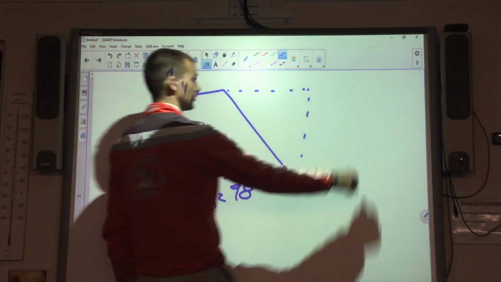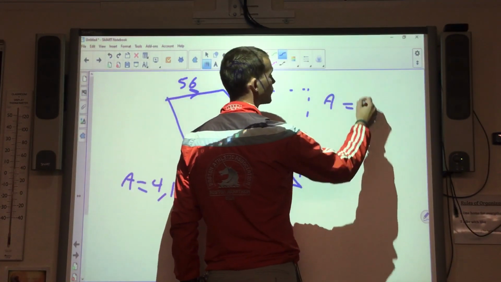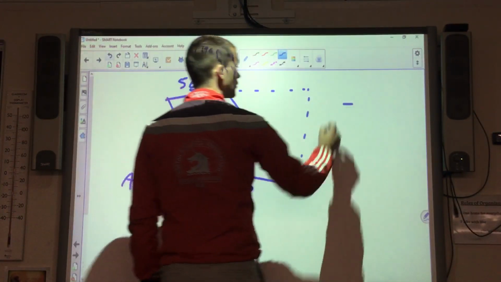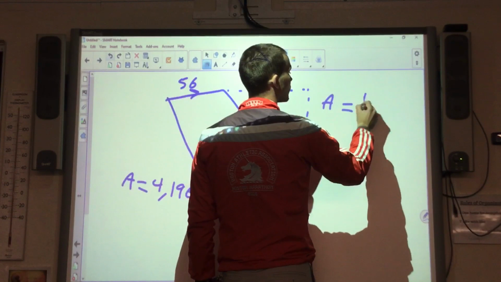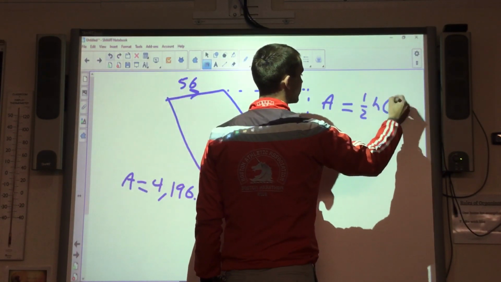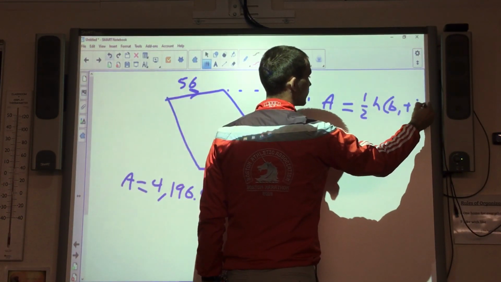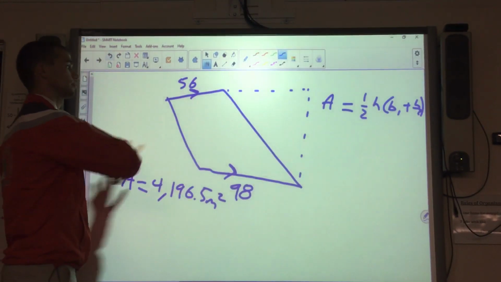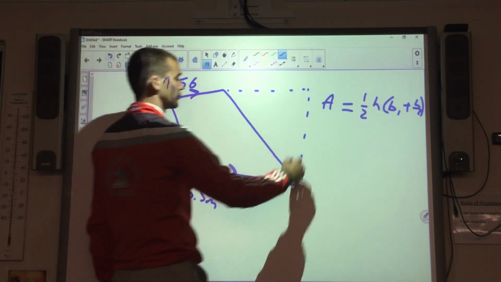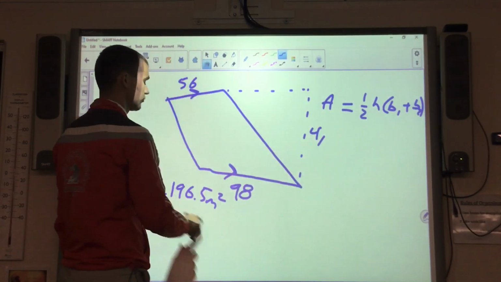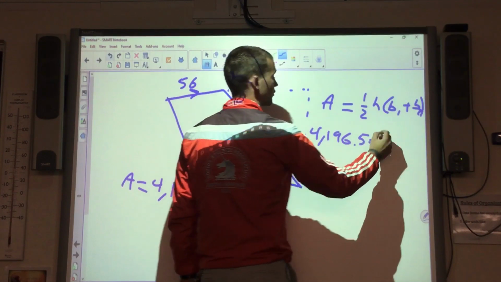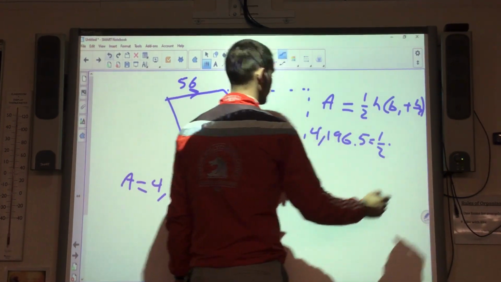The formula is still the same. Area equals 1/2 height, base 1 plus base 2. You just manipulate it in a different way. Replace what I know. 4,196 and 5/10 equals 1/2 times height.